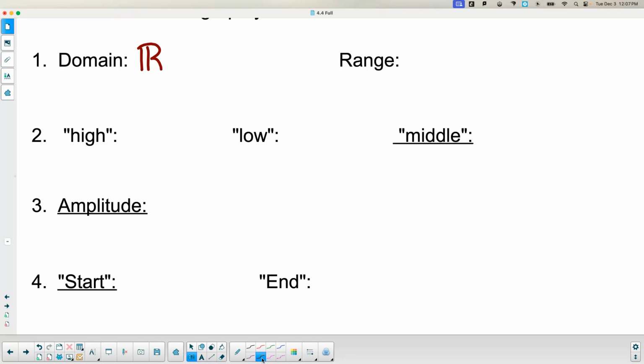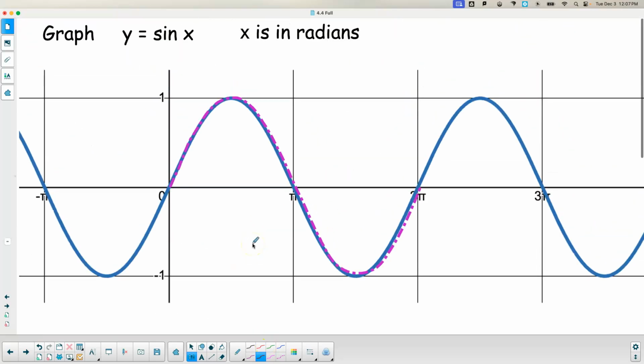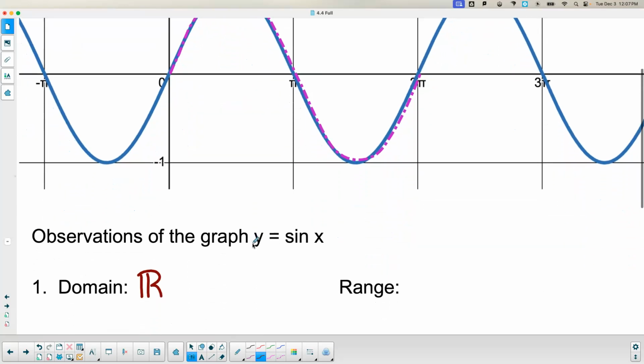Because you were able to put in all angles all the way through. It was a continuous graph. So it's all real numbers all the way through.